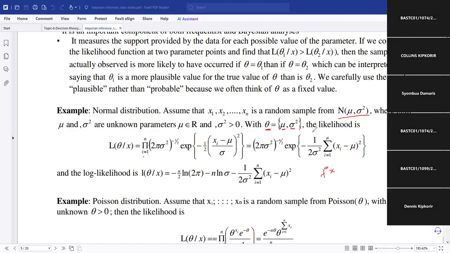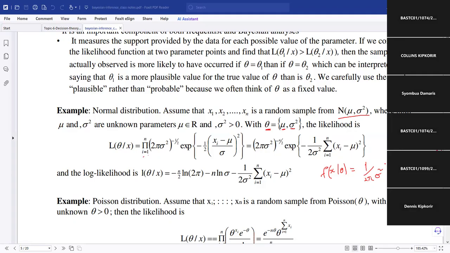of the normal distribution should be given by 1 over the square root of 2 pi sigma squared, for example, multiplied by the exponential of negative 1 over 2 times (xi minus mu divided by sigma) all squared.